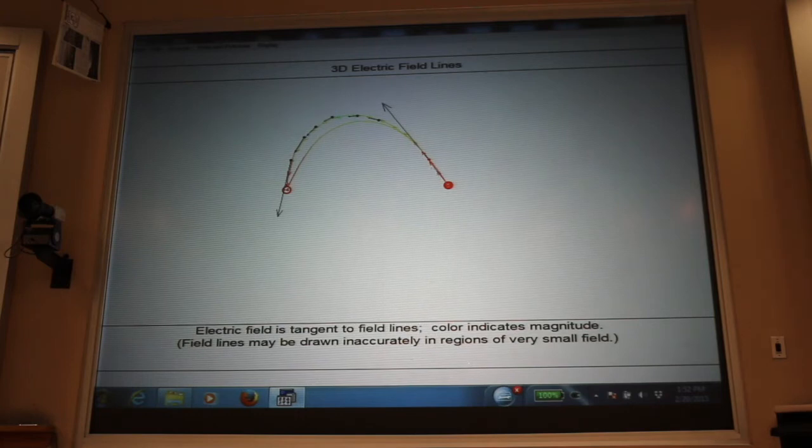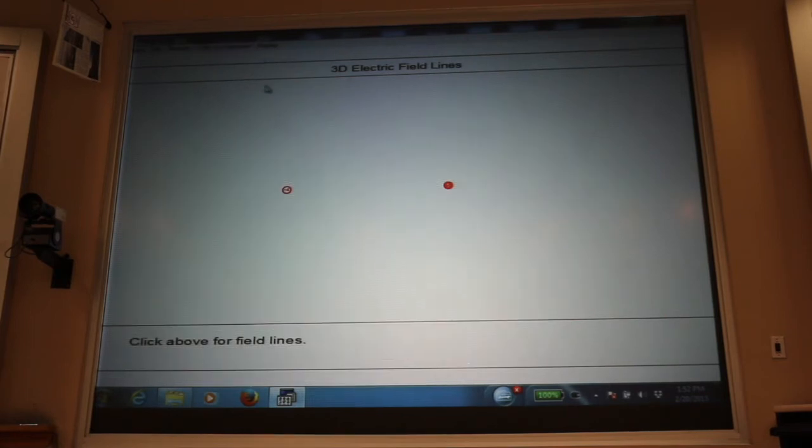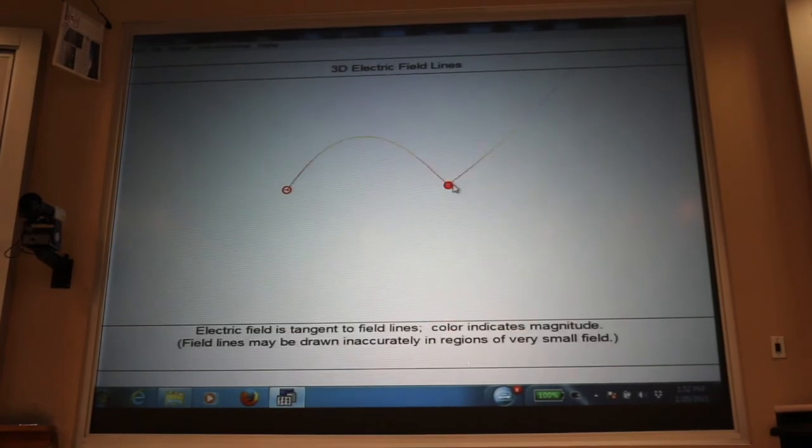Now, if I take those lines and I create a set of them, let's say I use 5 lines to represent the 5 coulombs, I should have how many lines for the -4? 4, and I'm missing one.